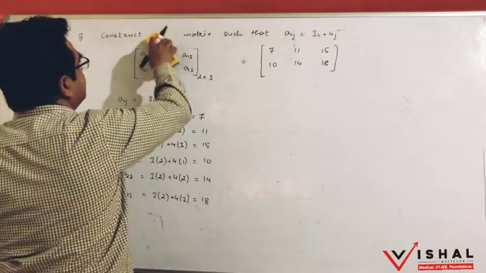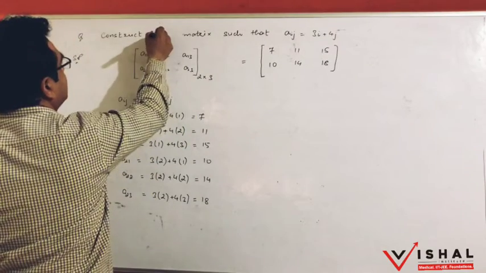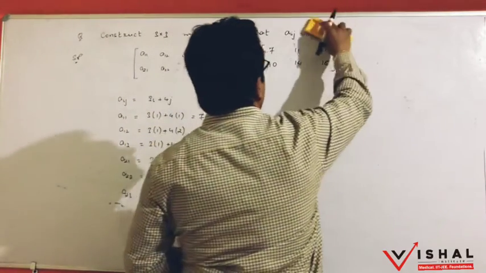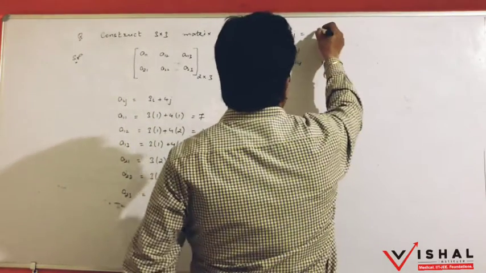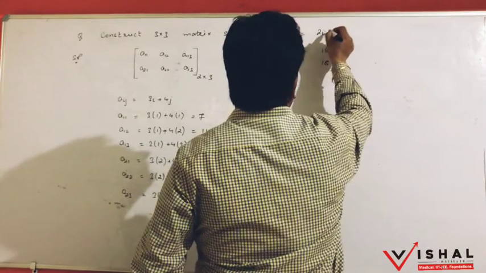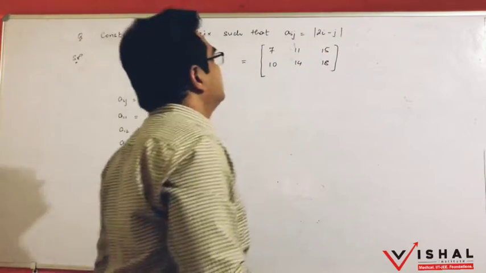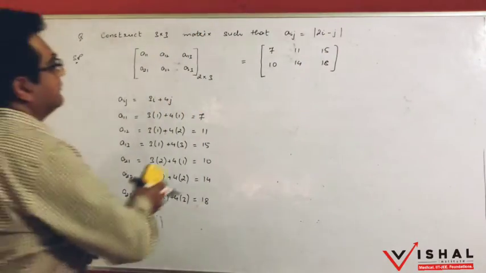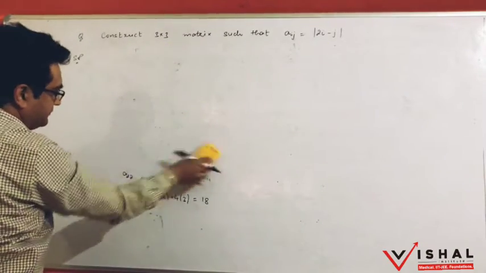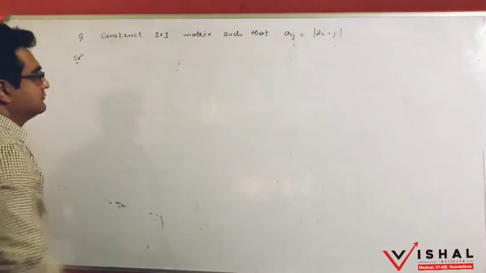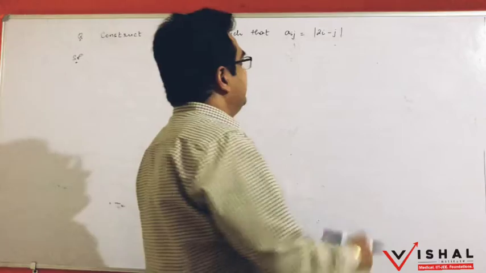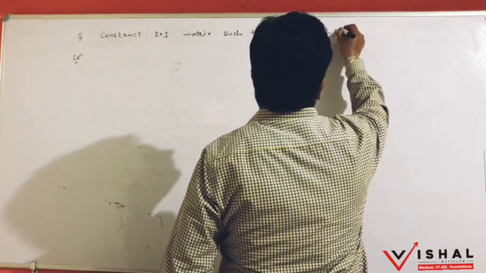You have to construct a 3 cross 3 matrix where Aij is equal to mod of 2i minus j, or we write it as mod of 2i minus j square.